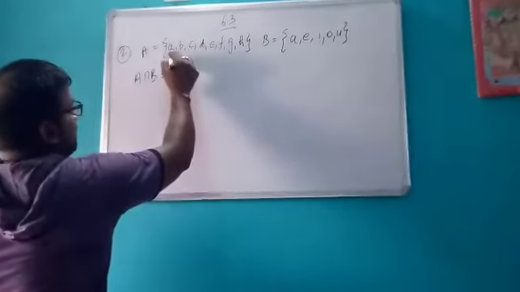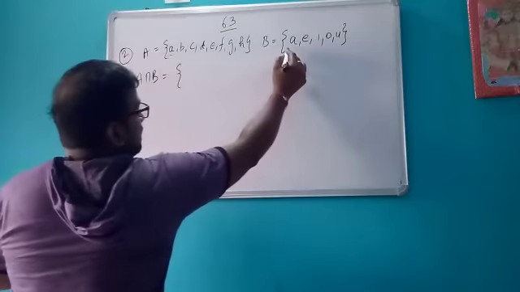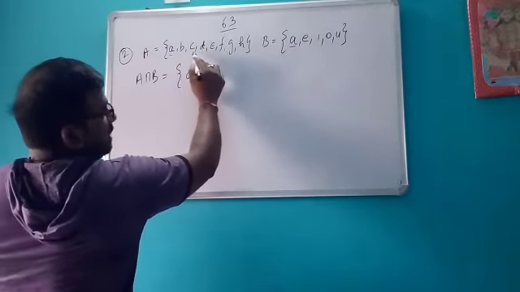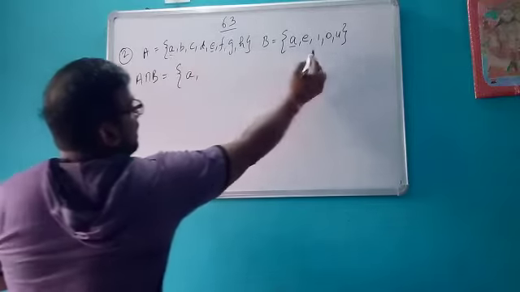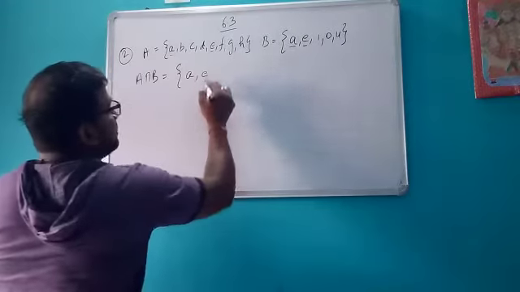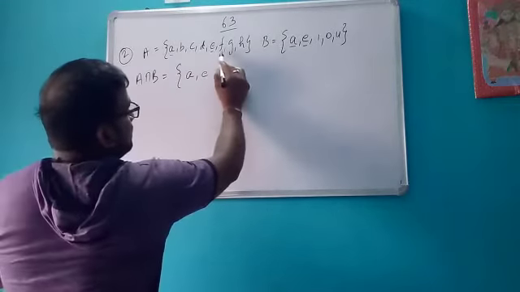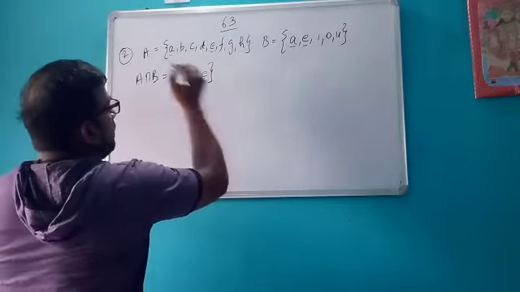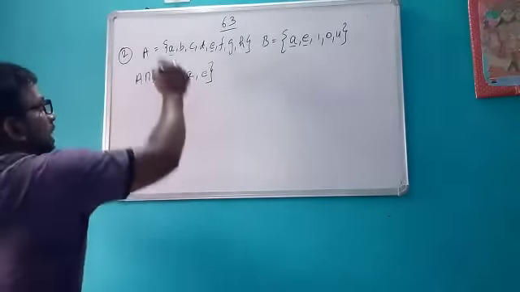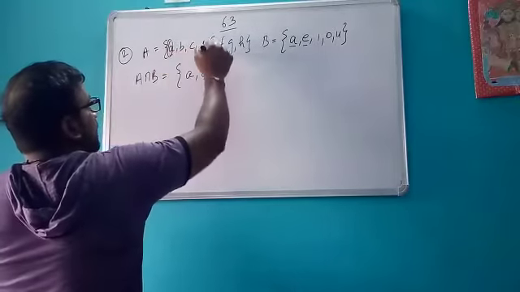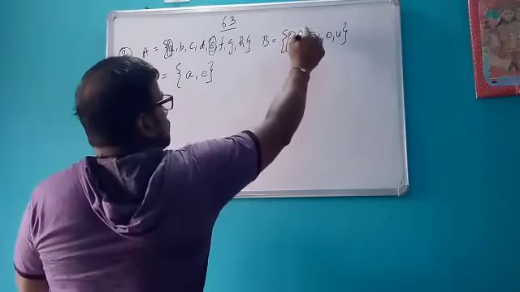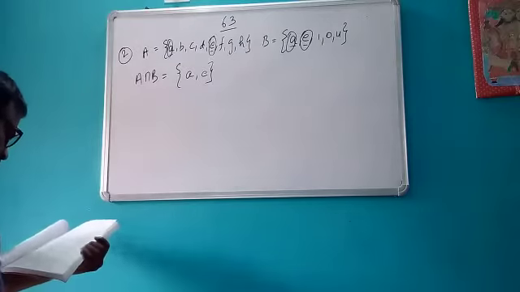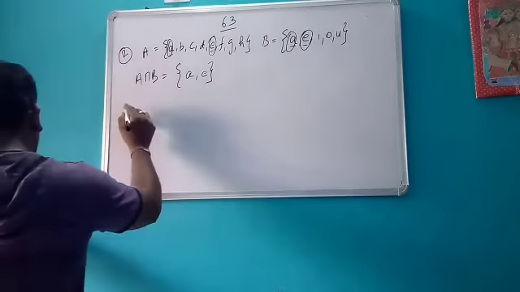See, the common elements I am underlining. This is A, one A is there, so A. Then no B is there, then no C is there, then E is there and E is there, so E. There is no other common element in both the sets, so this will be your A intersection B. So I have taken only the common elements in both the sets. No other element you will consider other than the common elements.